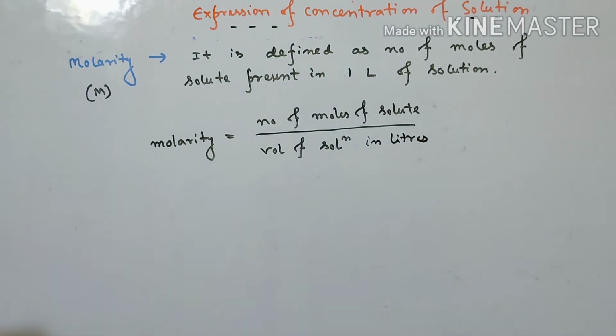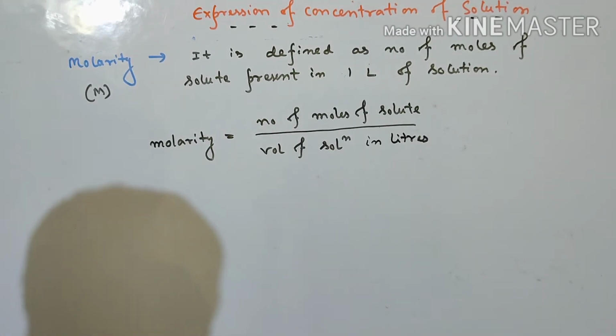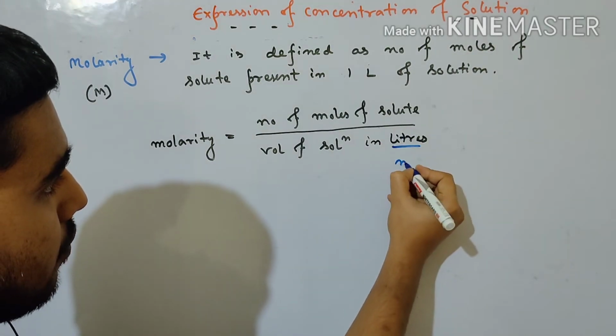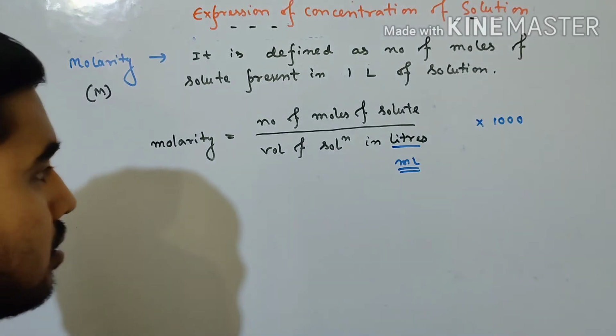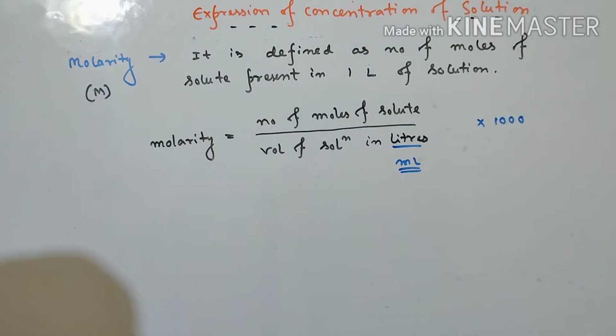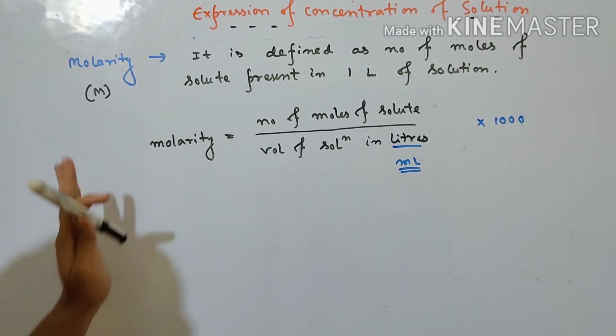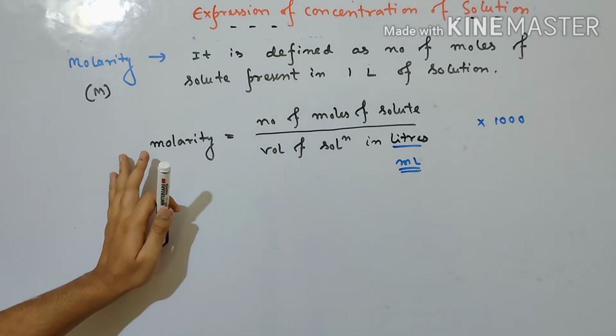Here, one thing I must say, if the volume is given in ml instead of liter, in that case, you can multiply it by 1000. Okay, so this is everything about molarity.